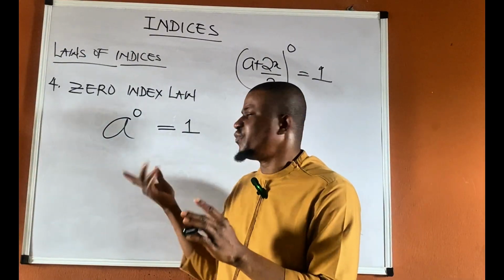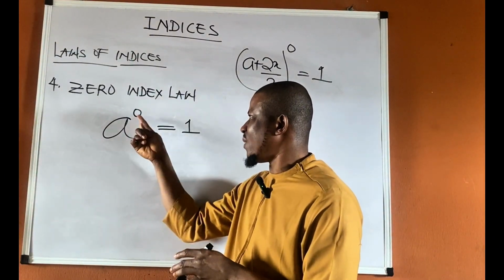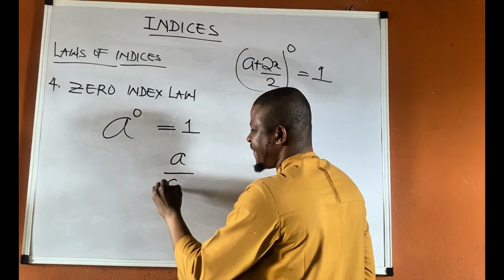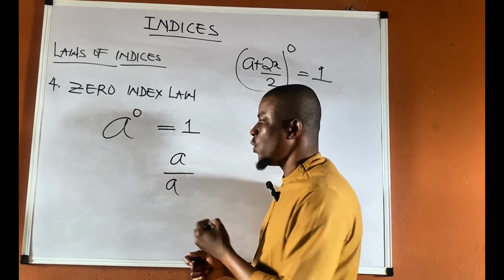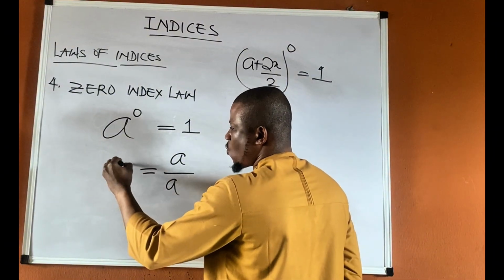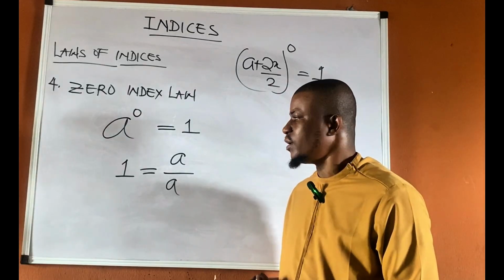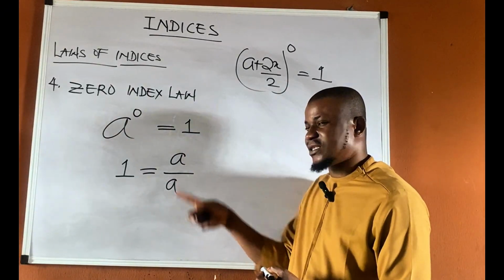Let's look at a little proof of this concept that a to the power 0 is equal to 1. If I have a number a divided by a, we know that this is definitely equal to 1. Any number divided by itself is 1. But let's look at the law of indices here.